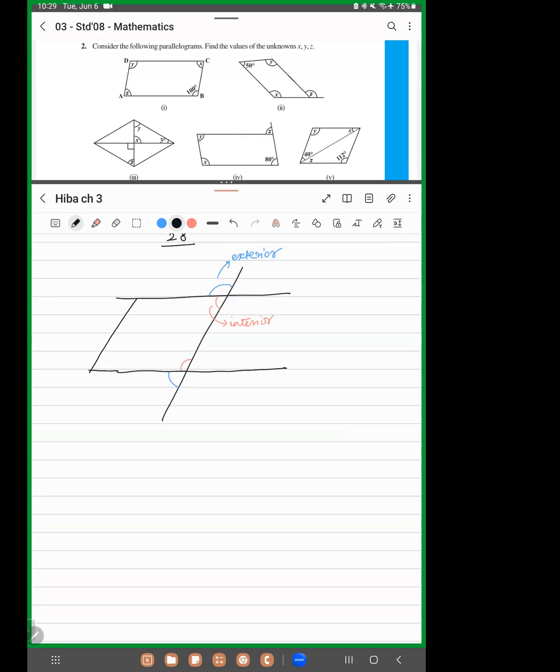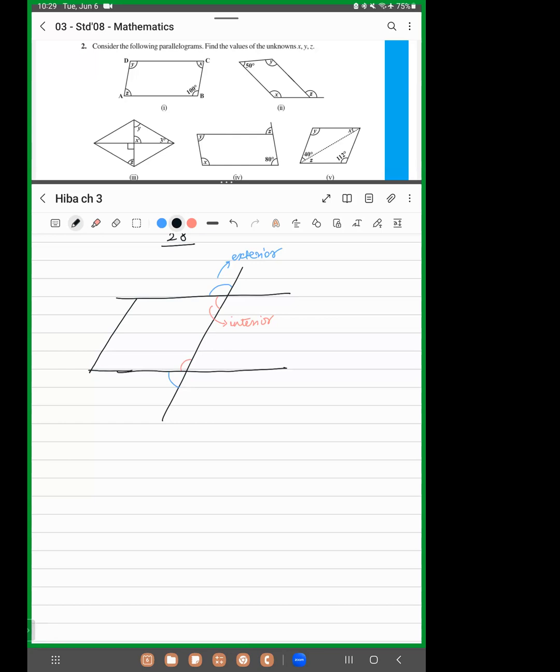Think of it like this. This is the parallelogram. And these two are interior angles on the same side of the transversal. समझ में आया?